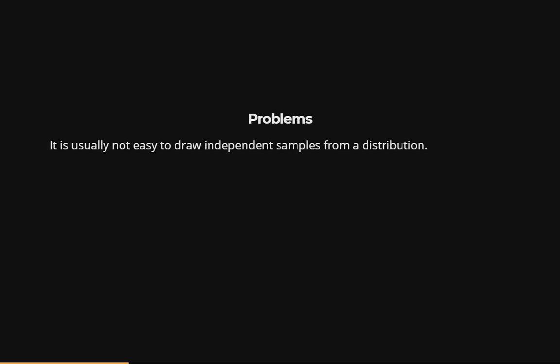It's not like the uniform distribution or a normal distribution, even a multivariate normal distribution, but it's a real-life thing, something coming from a real-life problem. At that point, sampling from the distribution is not easy at all, and also drawing independent samples is not easy. On the other hand, it's not always convenient to draw independent samples.